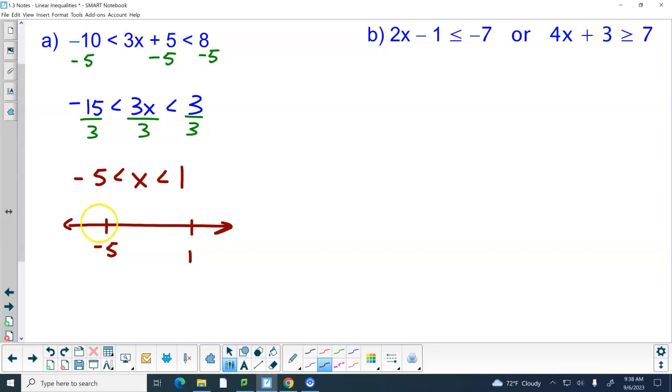Open or closed dot at positive 1? Open. Am I going in between them, handle, or am I rowing the boat? We're handling this one, and there it is. Interval notation on this would be negative 5 to 1 with parentheses. Good?